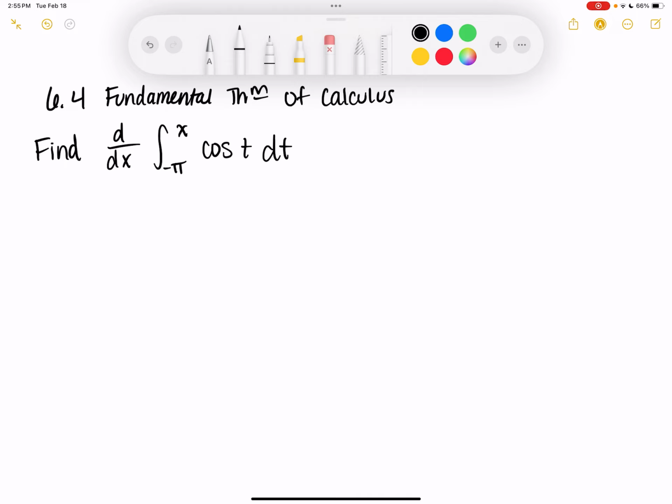According to the fundamental theorem of calculus, if f is continuous on the interval, then the function F of x equals the integral from a to x of f of t dt has a derivative at every point x in a to b, and dF dx is equal to f of x. So basically, anywhere we see a t, we replace it with x. So this just ends up being the cosine of x.